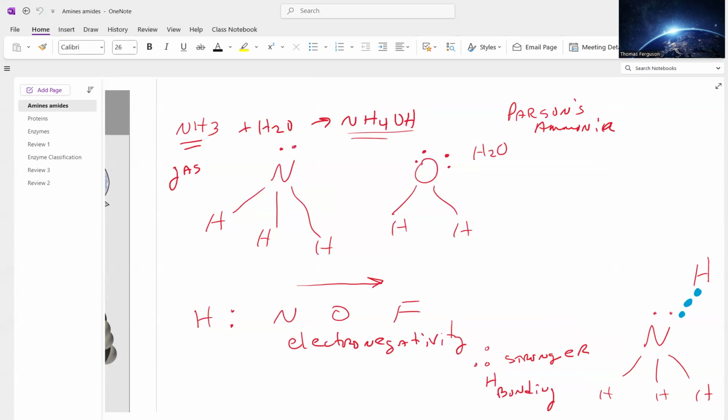Now, it's not as electronegative as oxygen. Fluorine is the most electronegative, and if you go away from fluorine, electronegativity drops. Nitrogen is further away from fluorine. It's not as strong as oxygen. So the influence of OHs, whether it be with an ester or an alcohol, is stronger than with the nitrogen version. Still there, it's not as strong though.